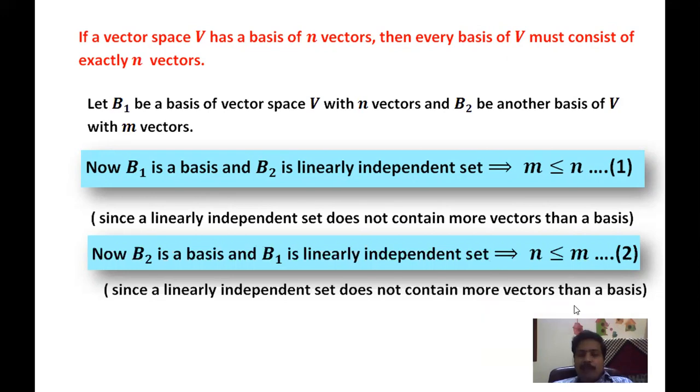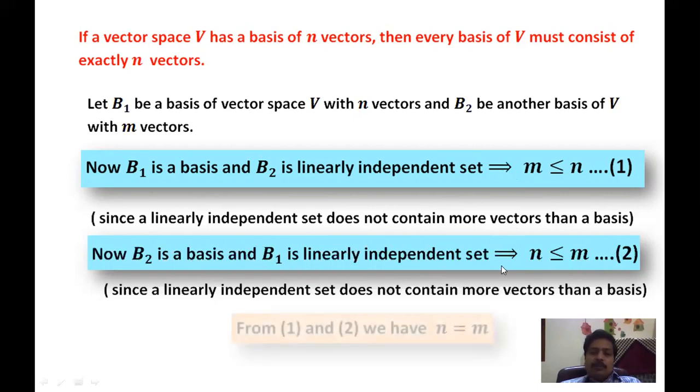So with the same argument, B1, in which there are n vectors, cannot exceed the number of vectors in the basis B2, that is m. So n less than or equal to m. So from these two equations, 1 and 2, we have n is equal to m.